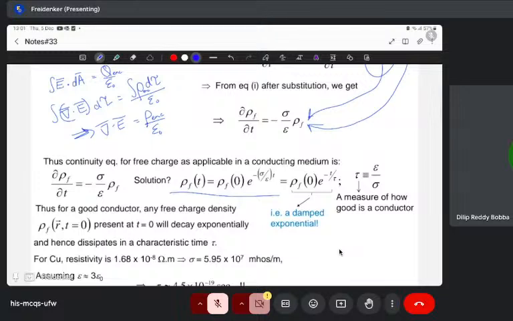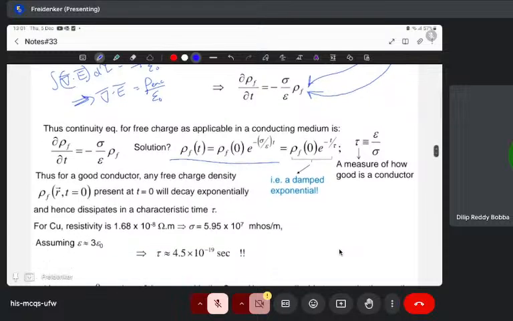In a conducting medium, if any current is passing through it, the free charges will move. They will just go along with the current. That would mean the density of the free charges in that conductor is going to decrease over time. I think that is what this equation wants to say.